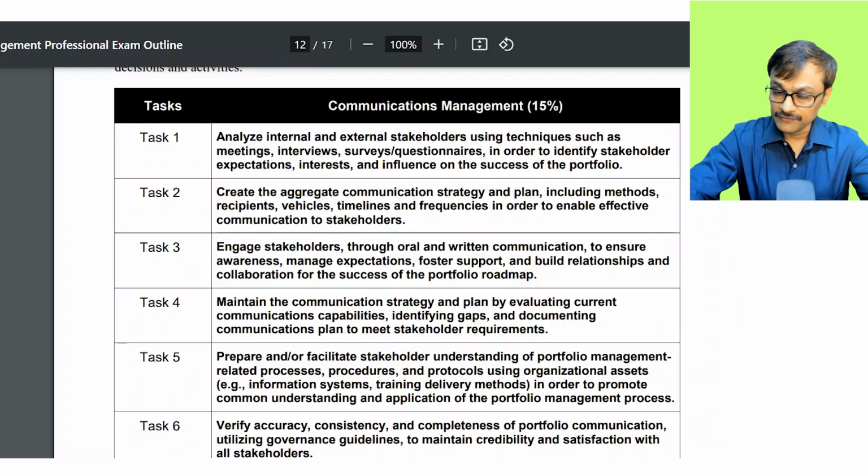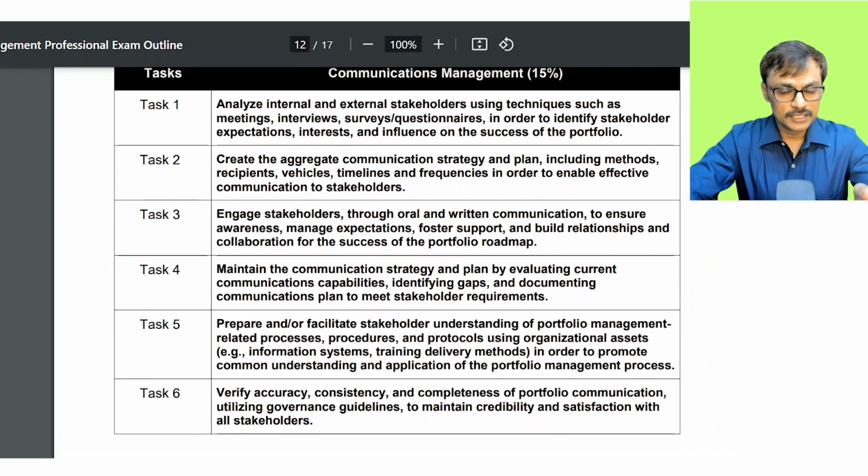You might be aware that communication management also involves stakeholder engagement in case of the PfMP exam. So this particular domain we should also be considering when we are talking about things like identifying activities, analyzing stakeholder engagement, and coming up with a customized engagement and communication strategy for the stakeholders.